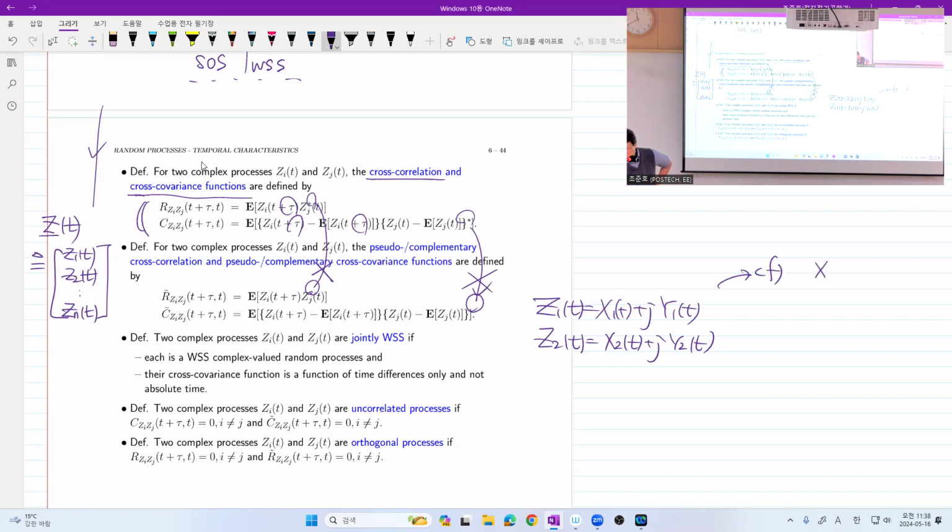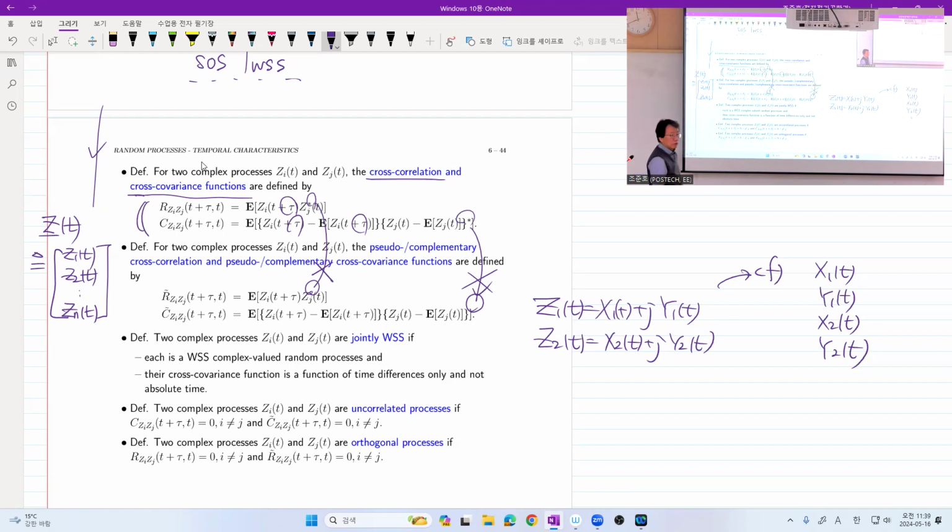Remember the real-valued case: what was the definition of joint wide-sense stationarity of four real-valued random processes? As far as you remember, we never defined it except for two random processes. Yes, that is exactly the definition. So if these four real-valued random processes are jointly wide-sense stationary, which means that if you choose any two of them they are jointly wide-sense stationary, then we may say Z1 and Z2 are jointly wide-sense stationary. Got it?